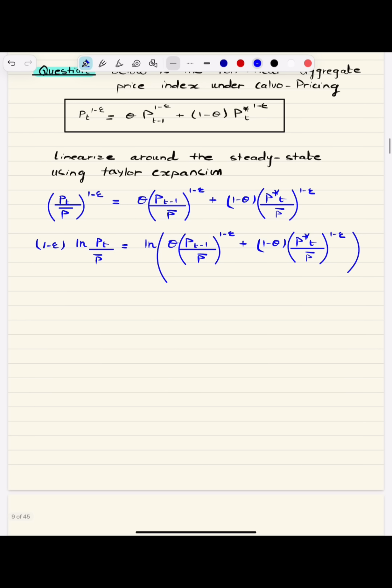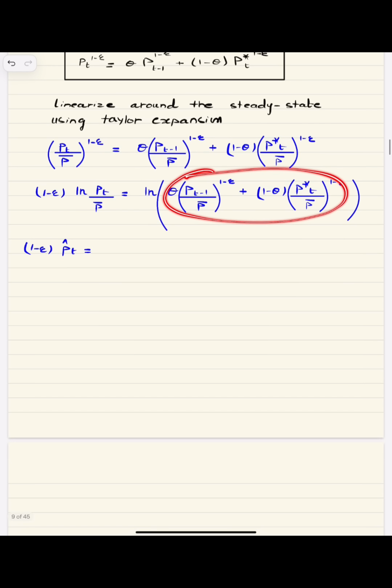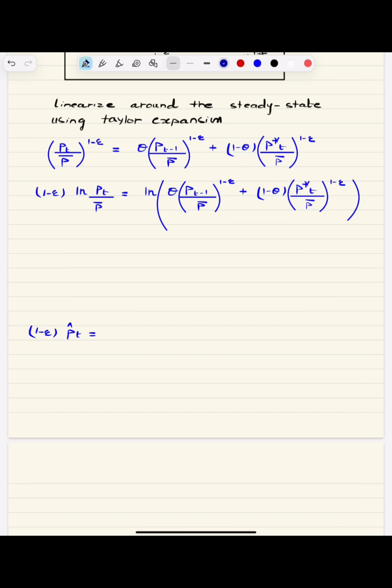So on the left hand side, I have 1 minus epsilon, and this is just the deviation of price from the long run level. And now we need to figure this one out. What we know already is that we said any change in price from the long run level is written like this: ln P_t minus ln P-bar, which is the same as ln P_t over P-bar.